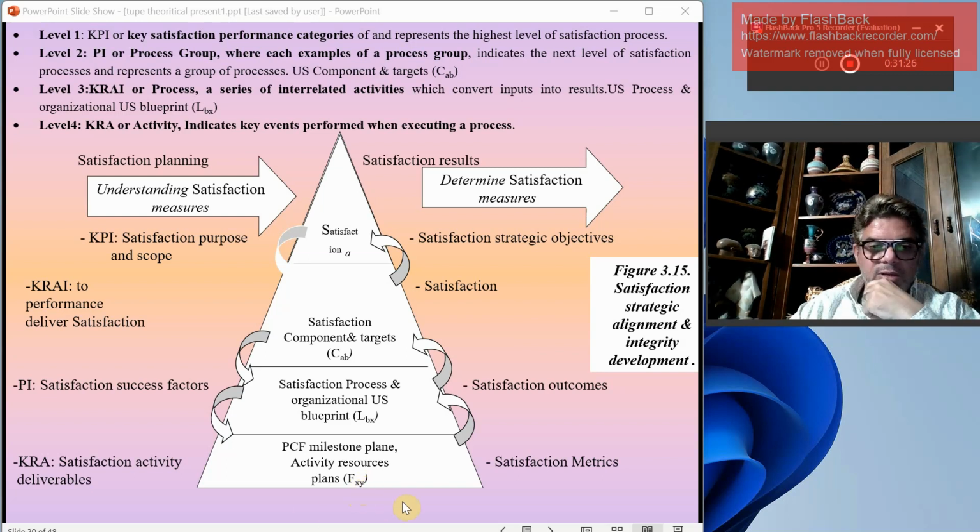Okay, so here is the day-to-day operations. So this is how you make up your website as satisfaction planning to understand the satisfaction measures, if it's the business or the product or the user.